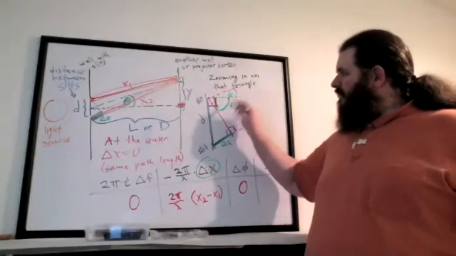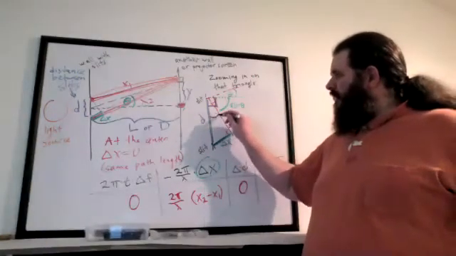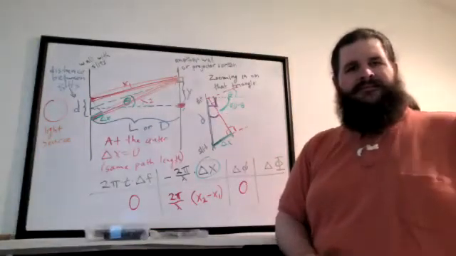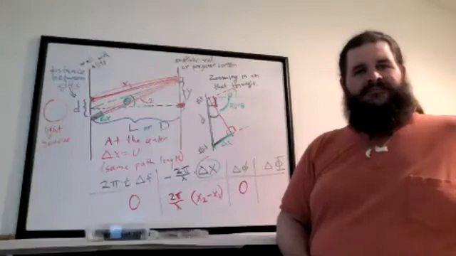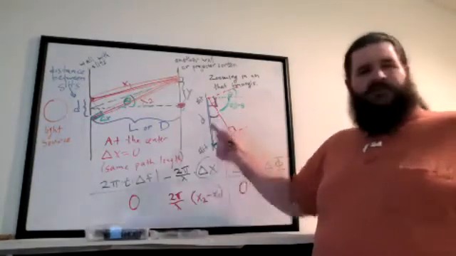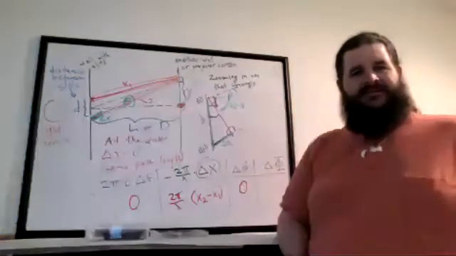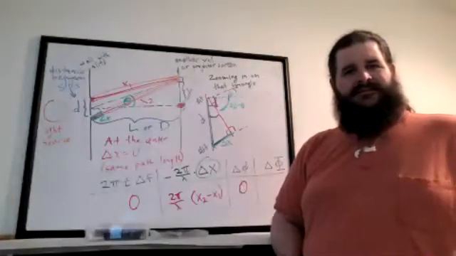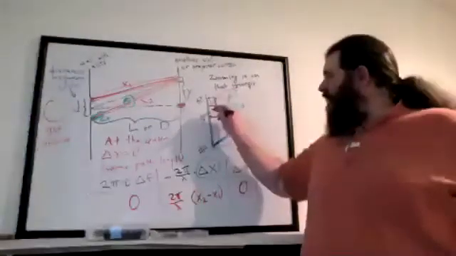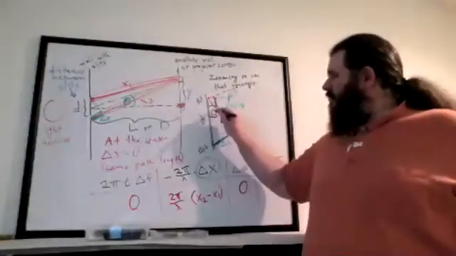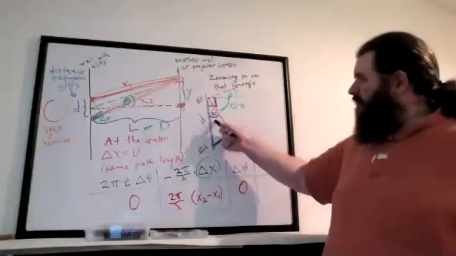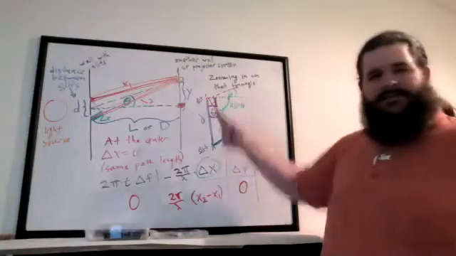If this is 90 minus theta, how much is left for this angle? We've got 90 minus theta plus how much more would equal 90? Theta. Yeah, so this is just another copy of theta, because theta plus 90 minus theta makes a right angle.